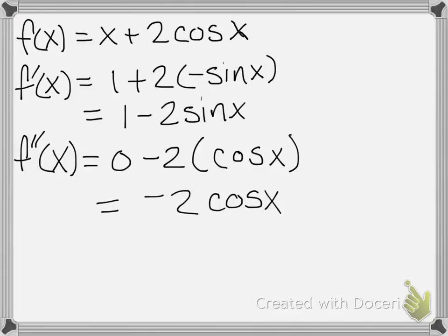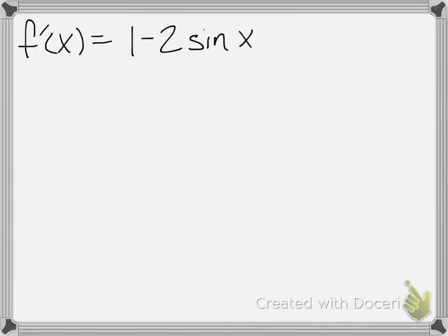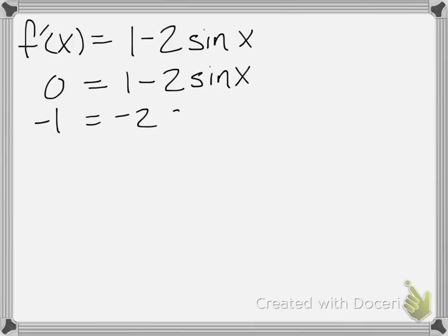Alright, so our next step is going to be setting these equal to 0. So setting our f prime equal to 0, we should have negative 1, and we will divide by negative 2.